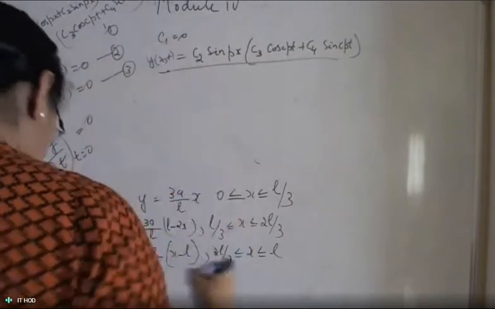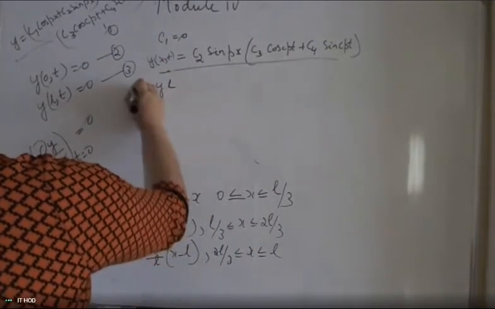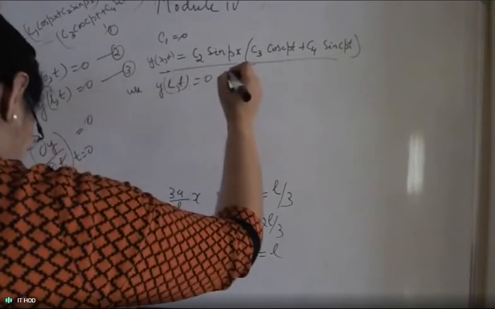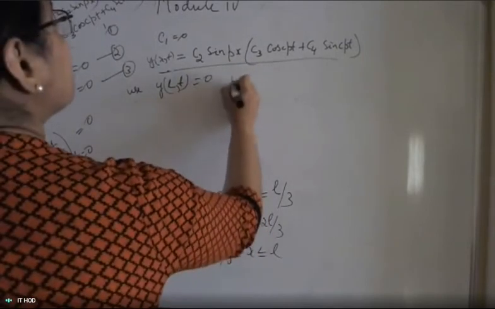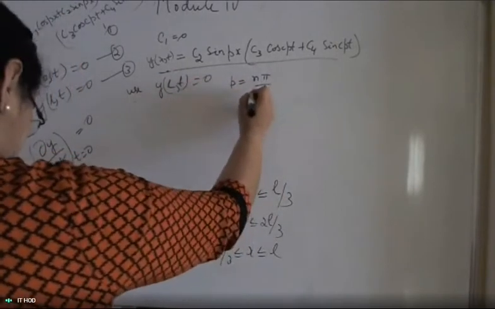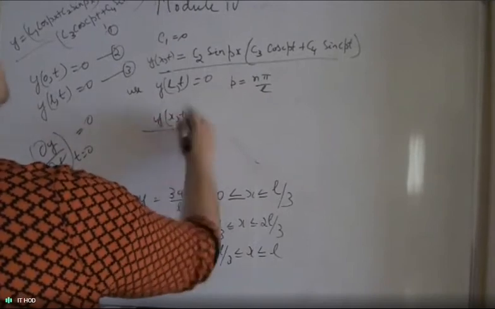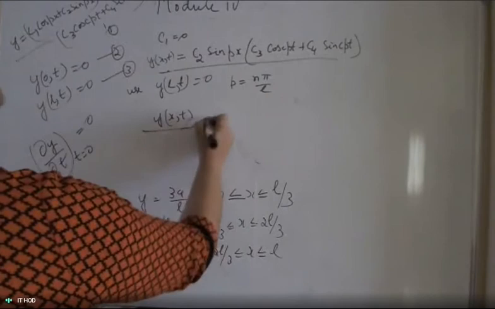Now once you got that, use 3 in 6, that is y(l,t) equal to 0, and that will give you p equal to n pi by l. Then our new y(x,t). Always once you got the value of these, you have to rewrite y(x,t). That is very important.